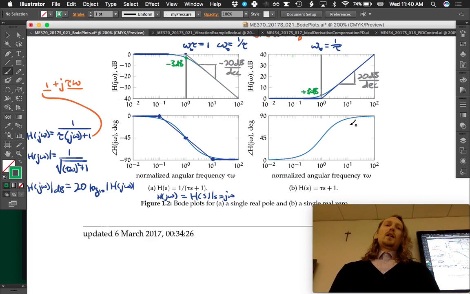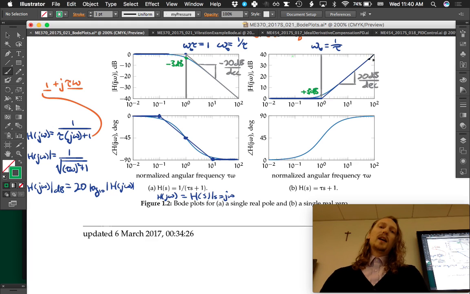So when you sketch this, you draw the straight line at 0, you draw the straight line at 20 dB per decade, and you go back to the break frequency and do a nice little rounding off, hitting it at about plus 3 dB. So that's how you sketch the real zero.